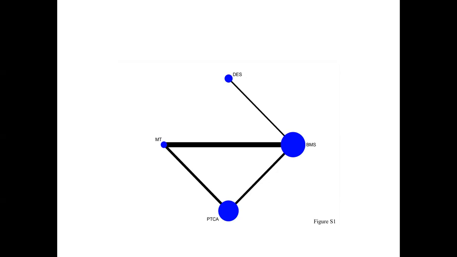So in your meta-analysis, you're not going to find anything that can help you find the evidence between PTCA and MMT. So you need network meta-analysis when you are facing more than 2 comparisons. Next.